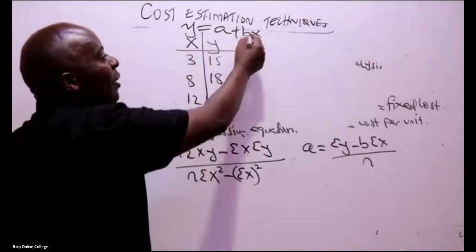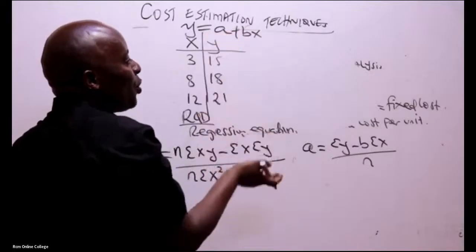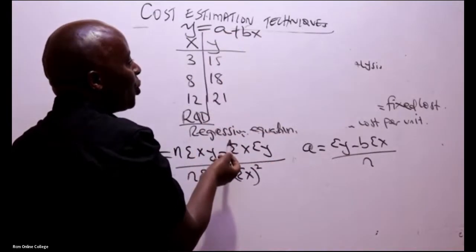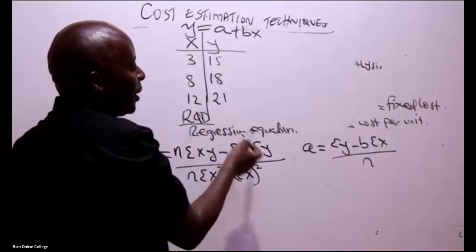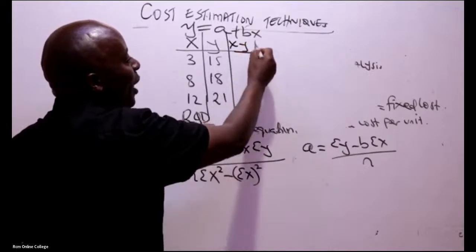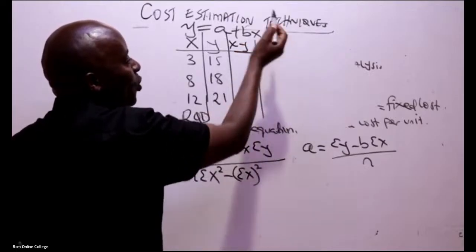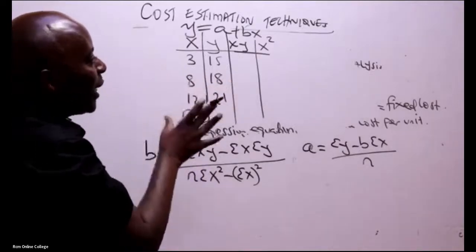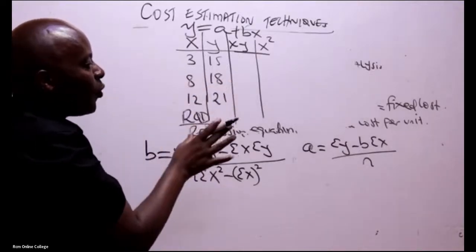So we only have one predictor, so this is a simple equation. To come up with this regression equation, create a column for xy and a column for x squared. If you're doing regression, you need those two columns.